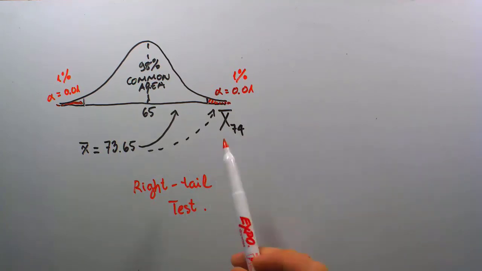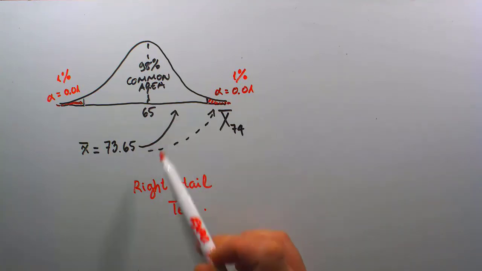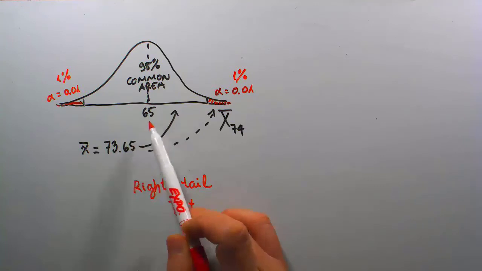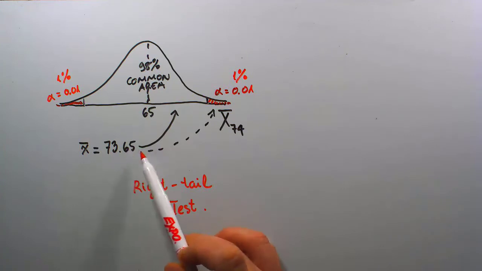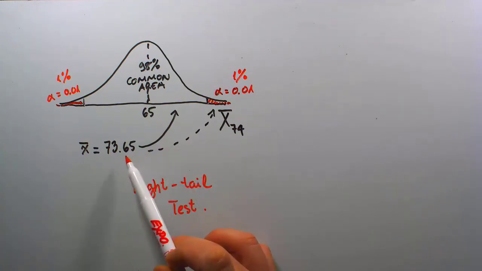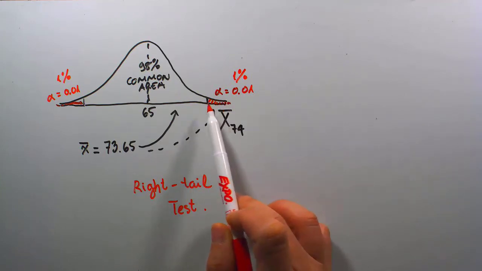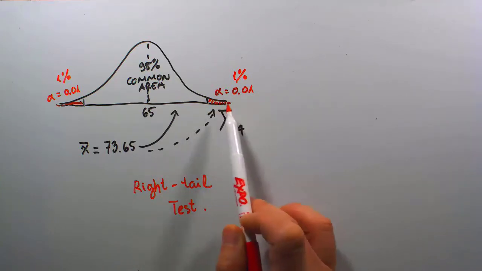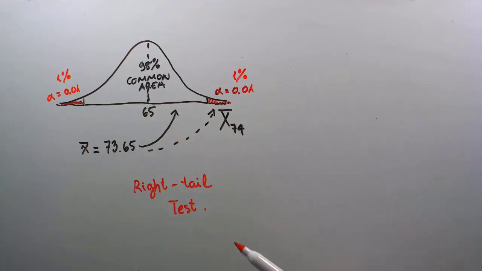Generally speaking, a right tail test means anytime we found a sample that appears to the right hand side of the value being claimed in the null hypothesis, and we would like to further determine if our sample would even fall into the unlikely tail to the right hand side of the common area. That's what a right tail test is.